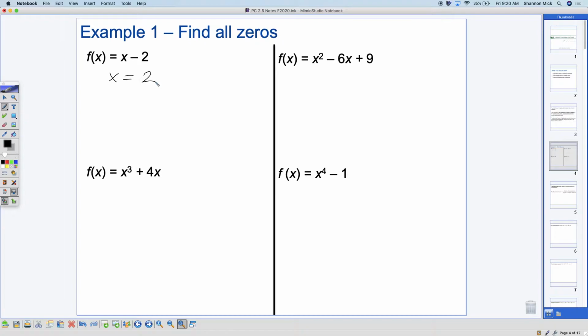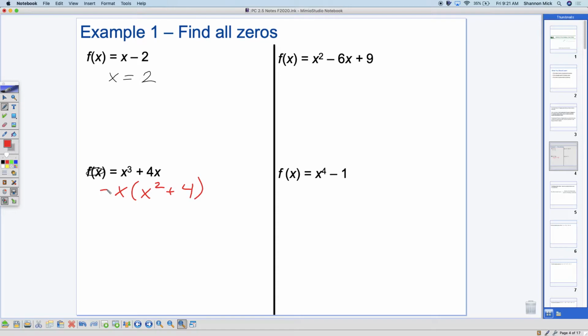Okay, x cubed plus 4x. Set it equal to 0. Get rid of the factor, factor out x. Don't they both have x? So x times x squared plus 4.